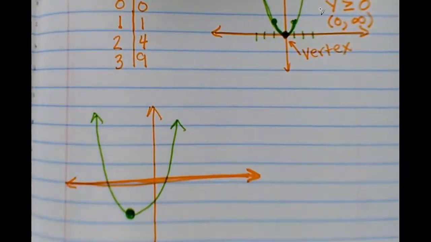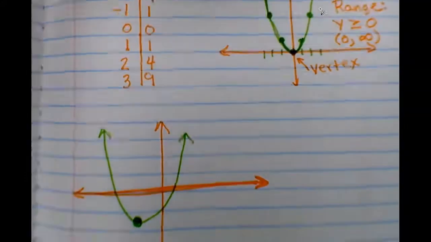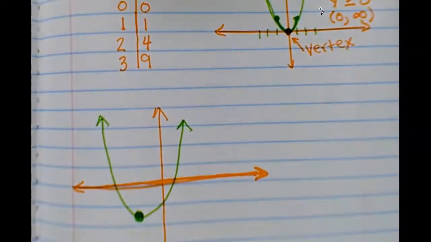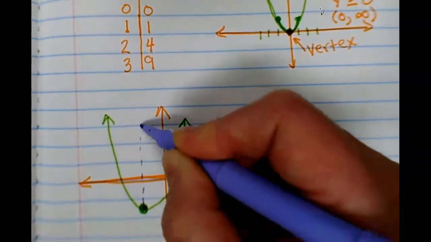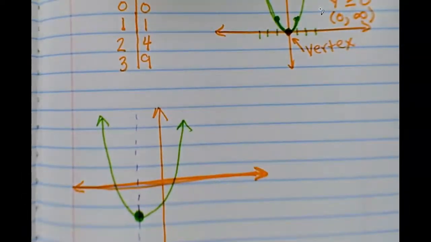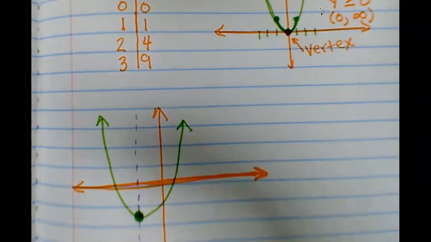And pretend that that's a perfectly U-shaped graph. You have to use some imagination here. I did better on my first graph. This graph is supposed to be symmetric. If you draw a line down the middle, the 2 halves are supposed to match. Now my diagram was not that great, but that's what it's supposed to look like.